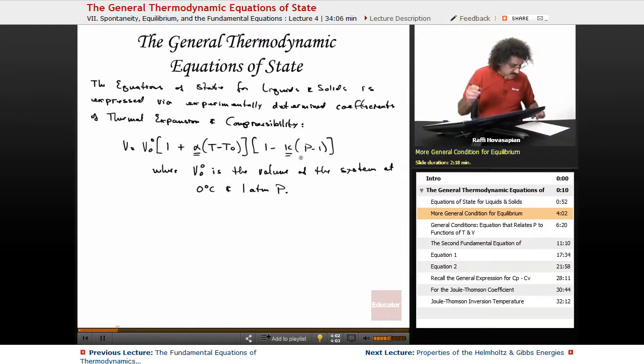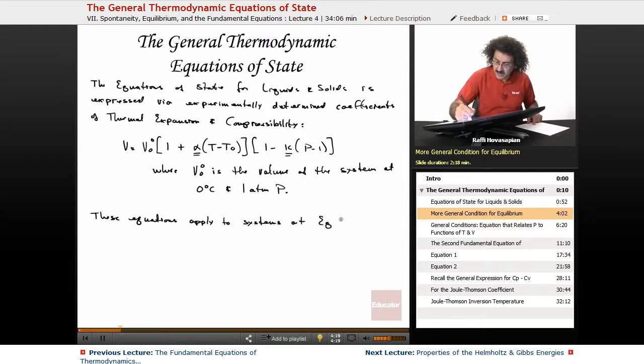So the equations of state. These equations apply to systems at equilibrium. But we now have a more general condition for equilibrium. That's what we've done in the last few lessons.